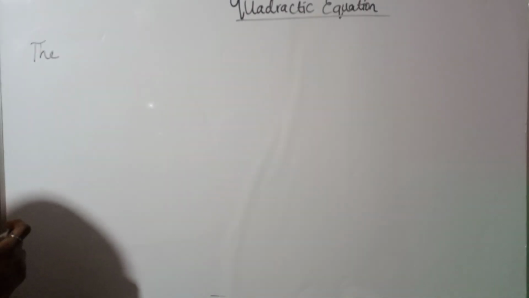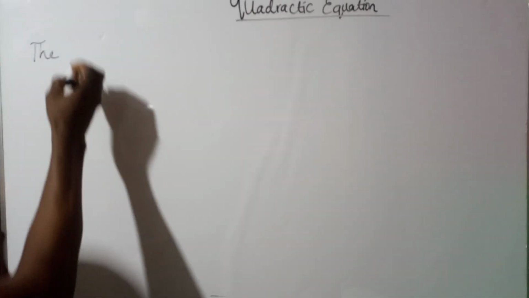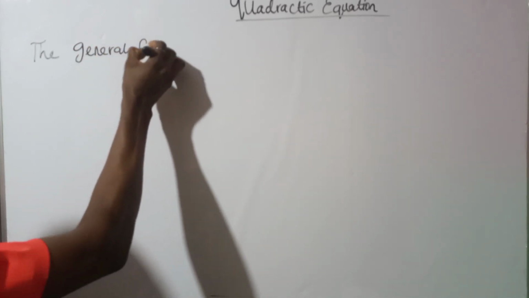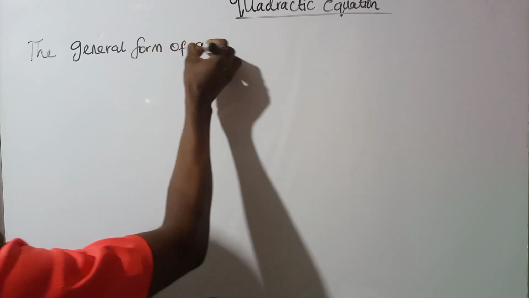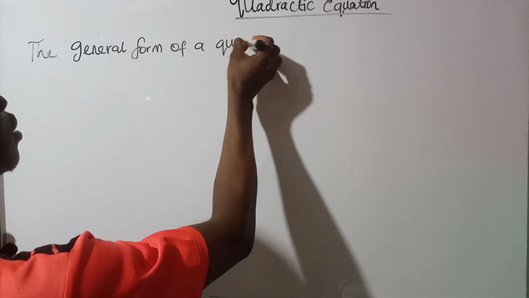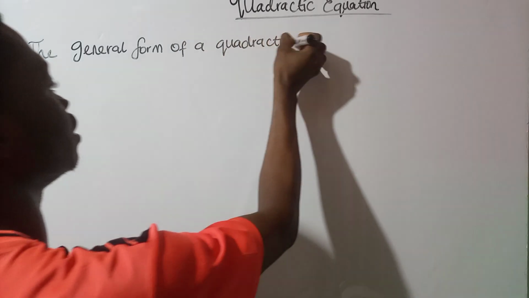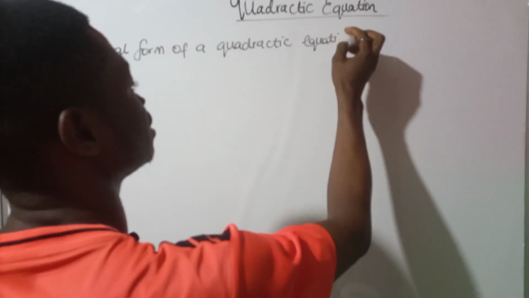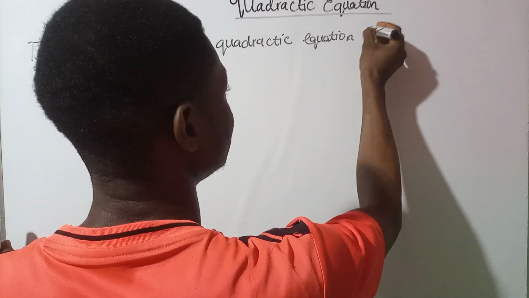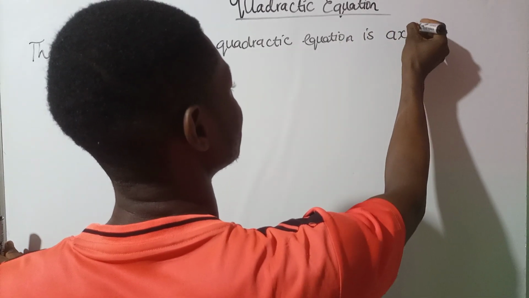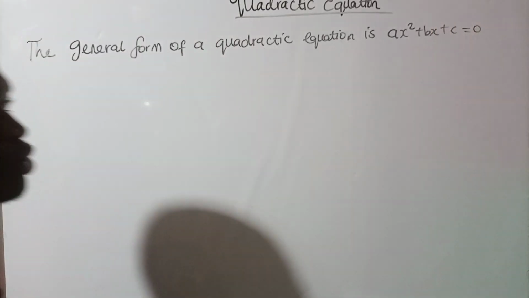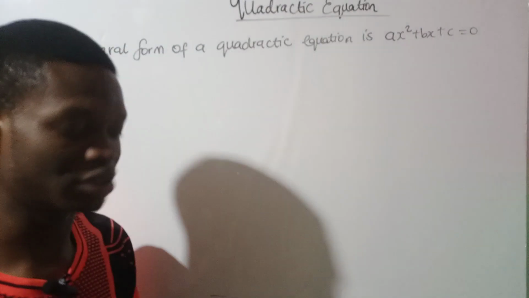So let's get started. The general form of a quadratic equation is ax squared plus bx plus c is equal to 0.